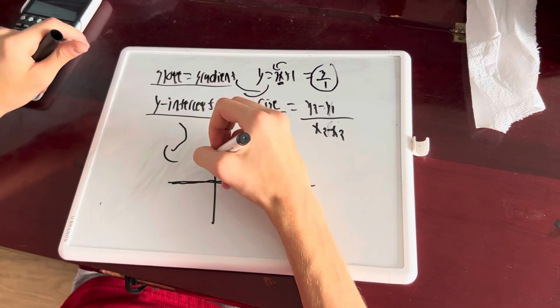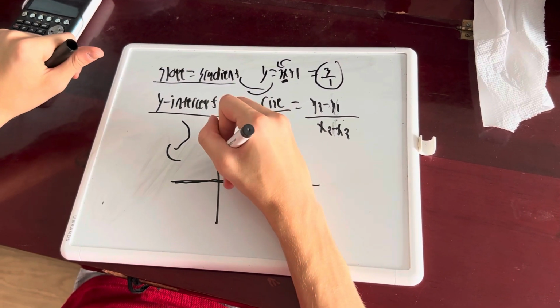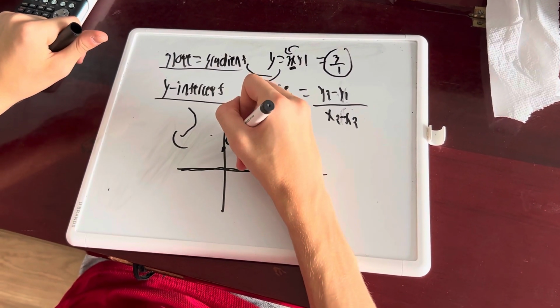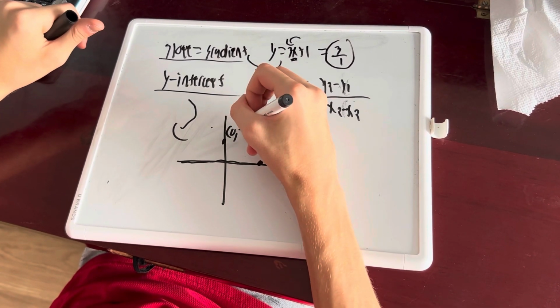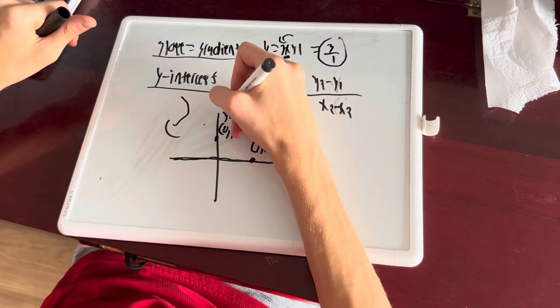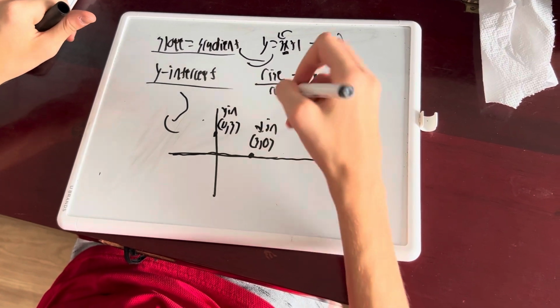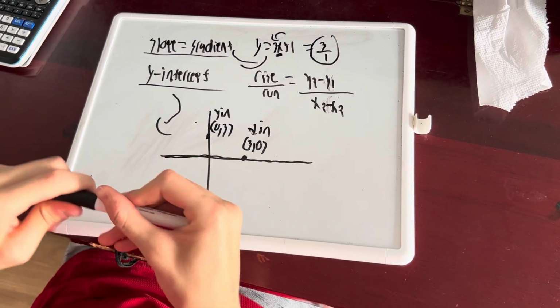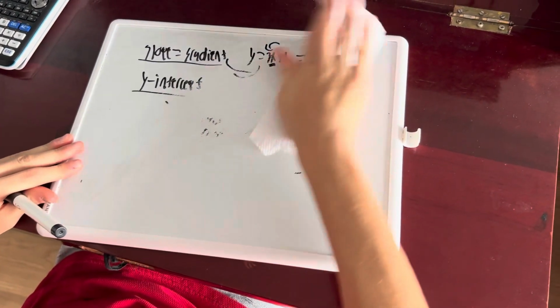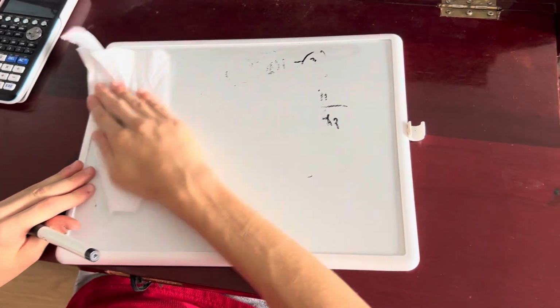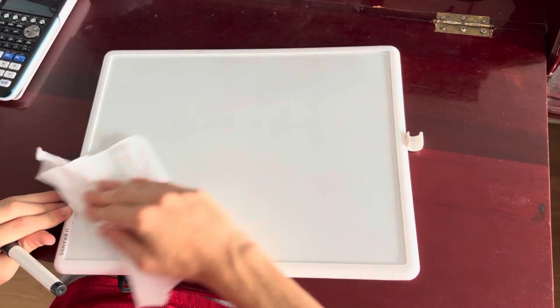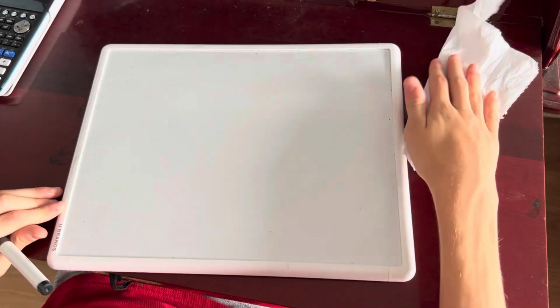The y-intercept is the opposite: we know that our x coordinate is 0, however our y will be 3. So this is the y-intercept, and this is the x-intercept. To graph a linear graph in its general form, you always need to remember these concepts.